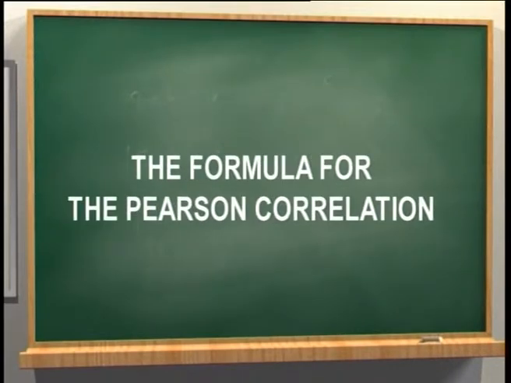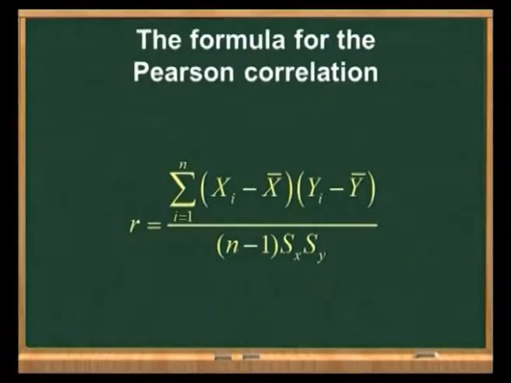The formula for Pearson's correlation. Suppose we have two variables x and y, with means x bar and y bar respectively, and standard deviations Sx and Sy respectively. The correlation is computed as below.